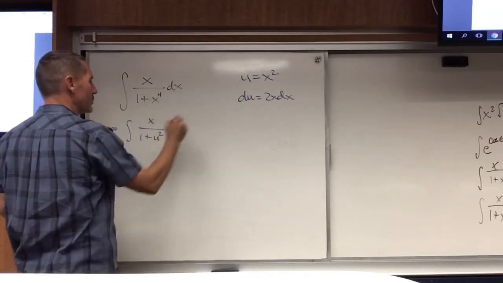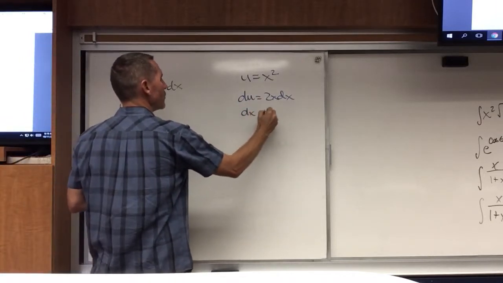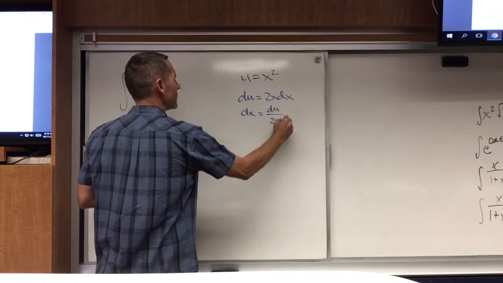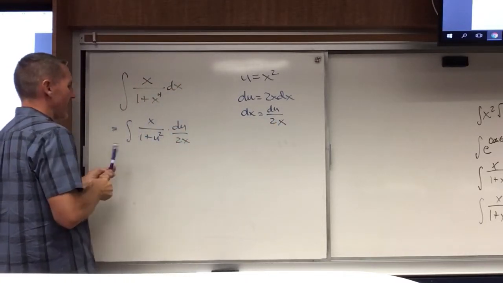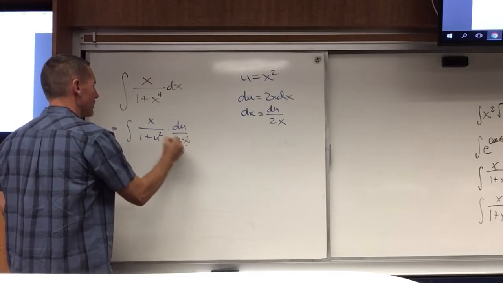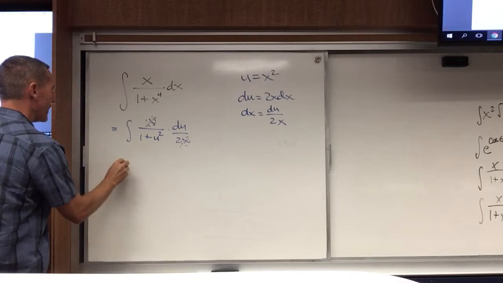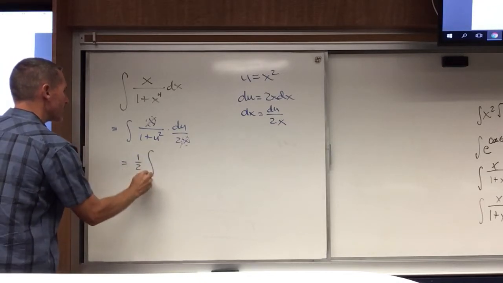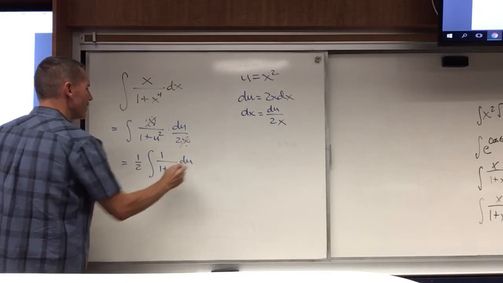And then this would be dx, which is just times, over here, dx equals du over 2x. And those x's cancel out.